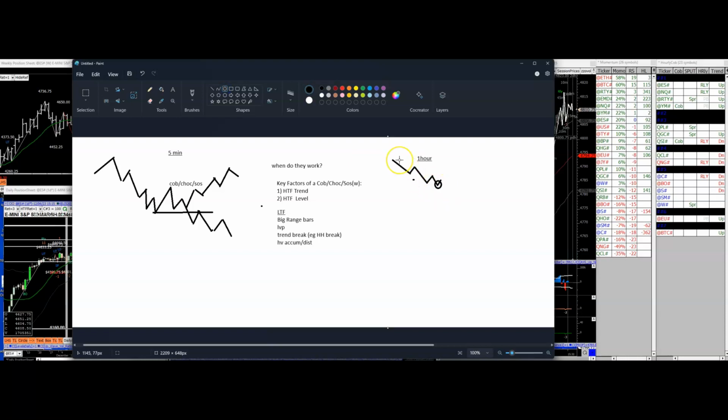It depends on the aggressive markdown. Look at the slope of the way it's falling. It's not just higher highs, higher lows. It's also how it's falling. The slope matters. All right.